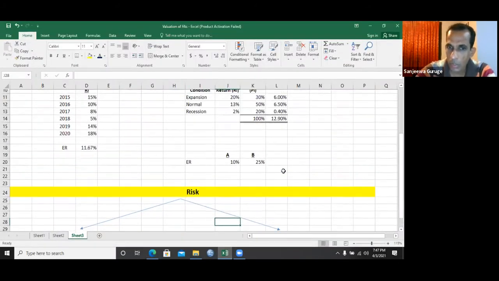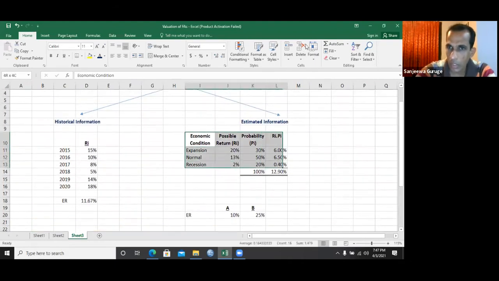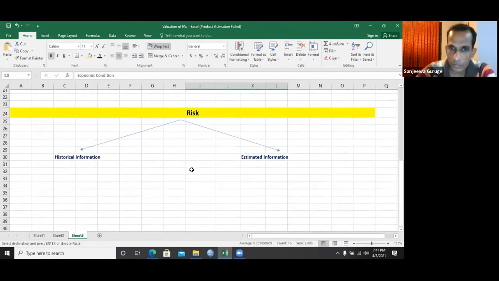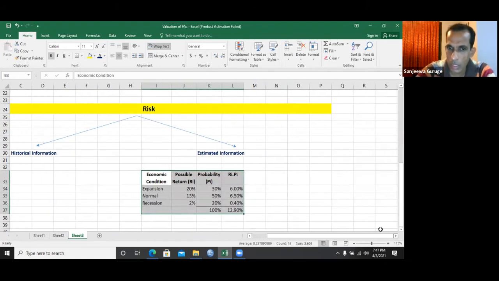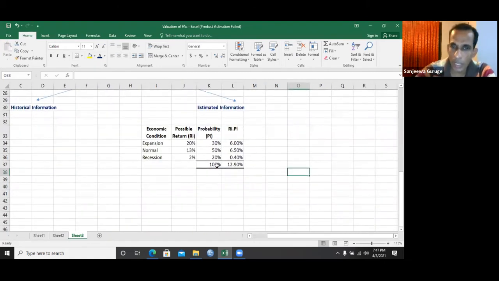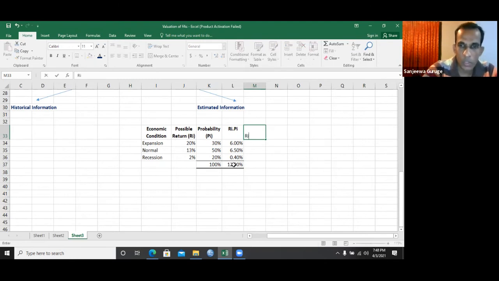It's not difficult, as you see in the formula. This is what we calculated. First of all, I will show how to calculate using this estimated data. Now we calculated this expected return, but it's possible to get a different return. So what we have to do is possible return minus expected return.